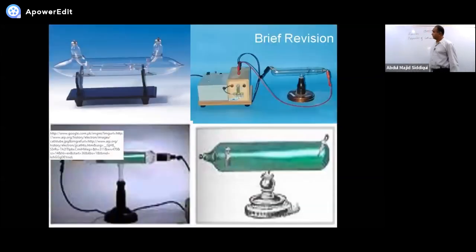Which is the first property over here? These rays travel in straight lines. Suppose this is the cathode, this is the anode. Then they travel like this in a straight line. And when they travel in a straight line, they may form shadows.